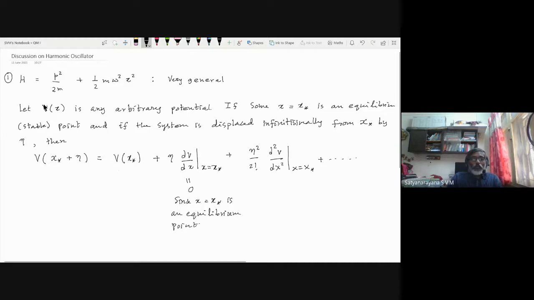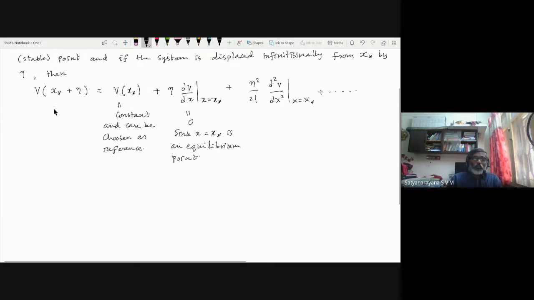And this is of course some constant, which can be chosen as reference. Any constant potential can always be absorbed into the reference. So if I choose this as my reference, this can be made zero, and this is already zero. So x star is fixed.